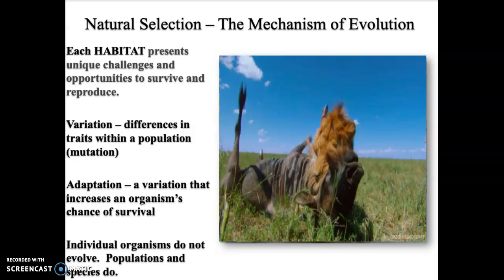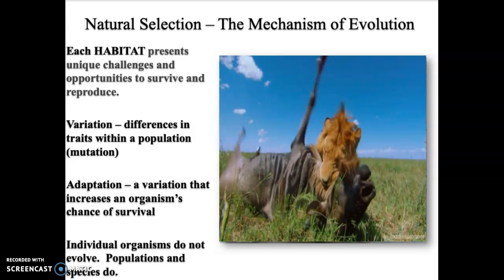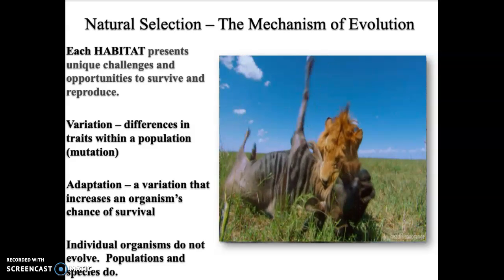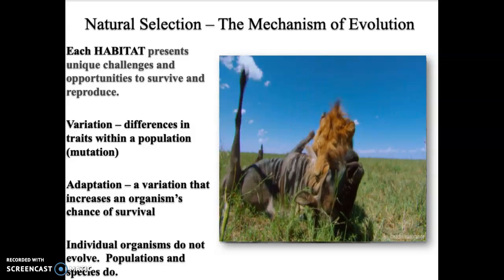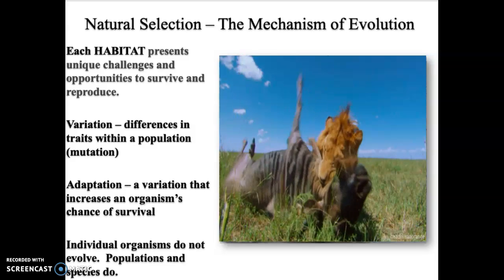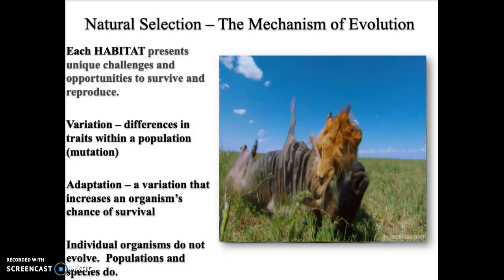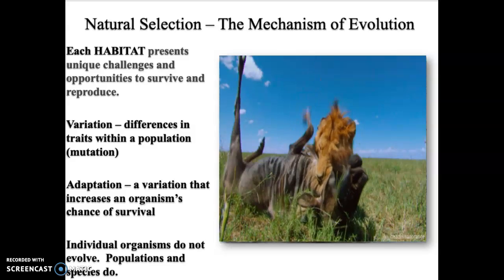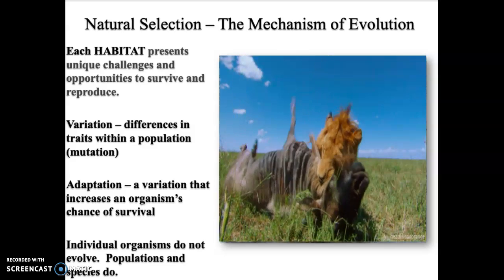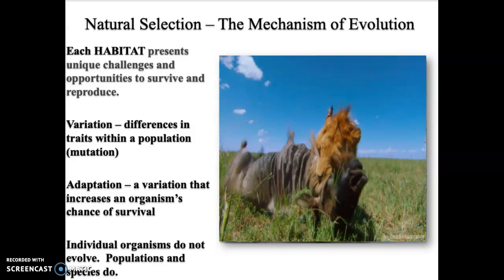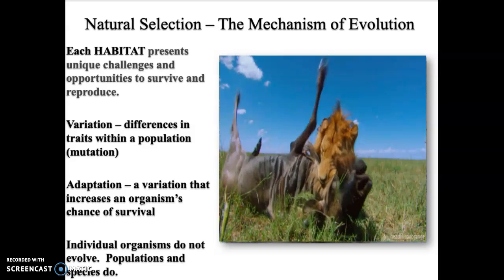So it's important to note that each habitat presents unique challenges in order to survive. What's a good variation in one environment might not be a good variation in another environment. A variation that is selected for in an organism that lives underwater would obviously be much different than a variation that is selected for in an organism that lives on the side of a cliff.